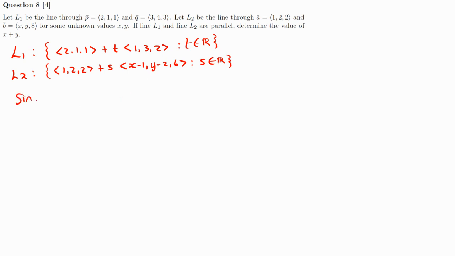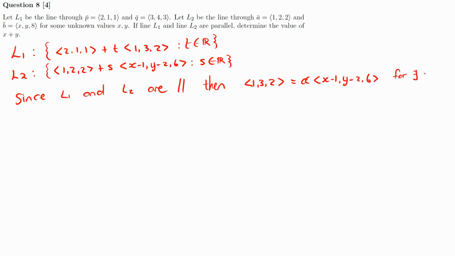So since L1 and L2 are parallel, then 1, 3, 2 is equal to alpha times X minus 1, Y minus 2, 6 for some alpha an element of R.